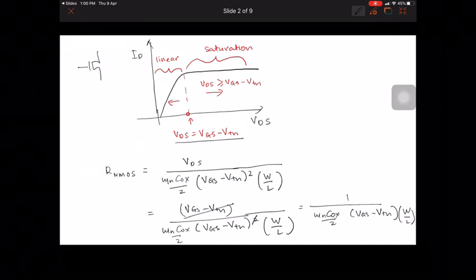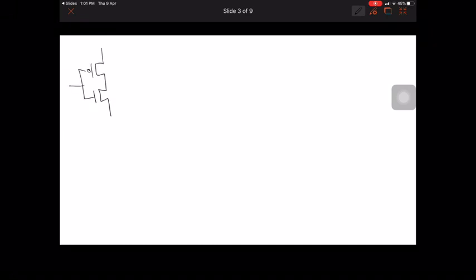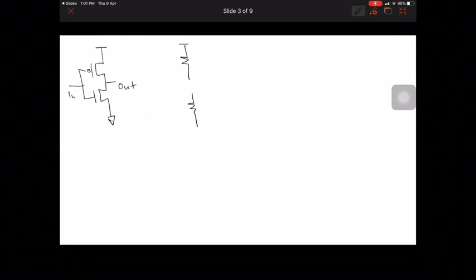So now we can replace the NMOS with a resistor, R NMOS. In the same way, you can replace the inverter, in and out, with two resistors.